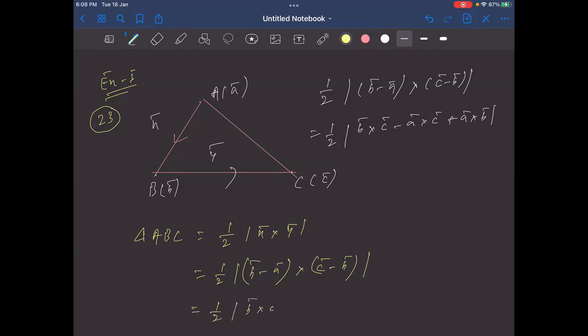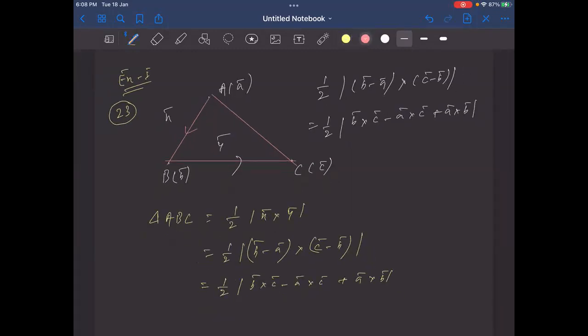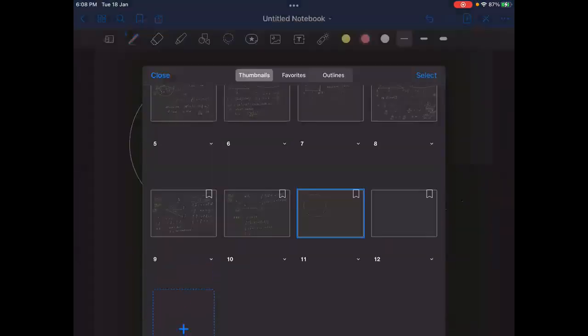B cross C. B cross B is 0 minus A cross C plus A cross B. इसमें what will happen? Change the sign. Are we getting this? Yes, sir. Understood.